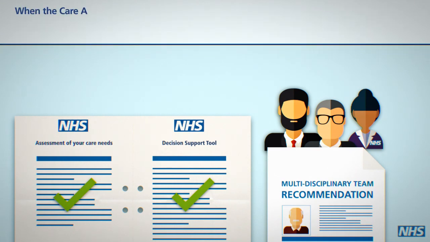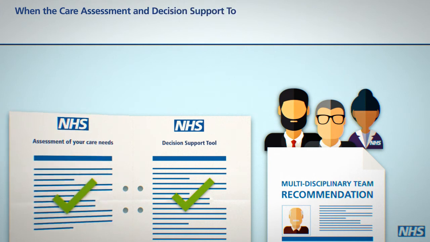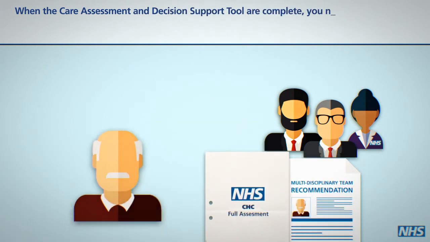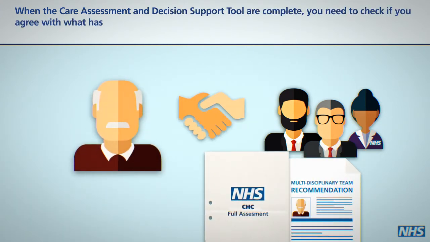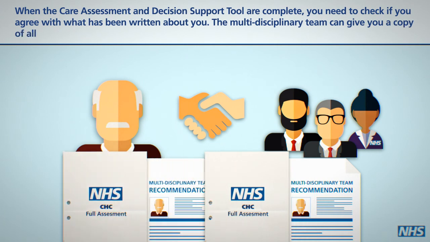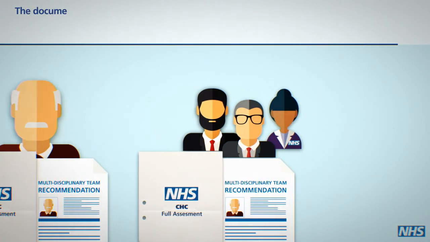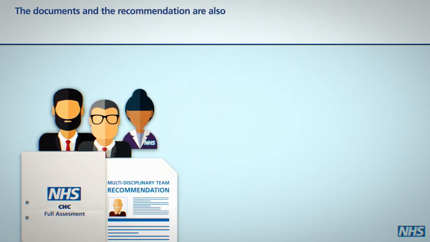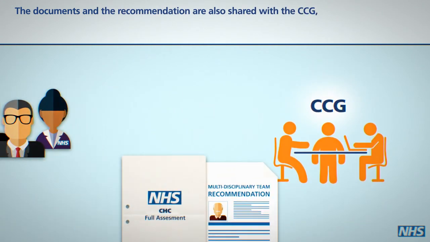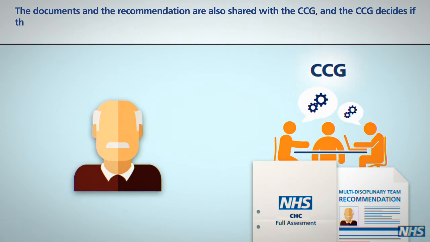When the Care Needs Assessment and Decision Support Tool are complete, you need to check if you agree with what has been written about you. The multidisciplinary team can give you a copy of all the forms and documents that have been written. The documents and the recommendation are also shared with the CCG, and the CCG decides if they agree with the recommendation.